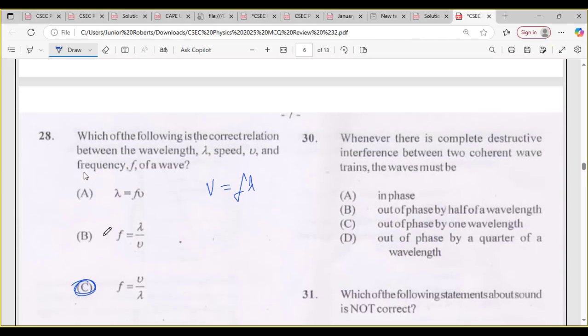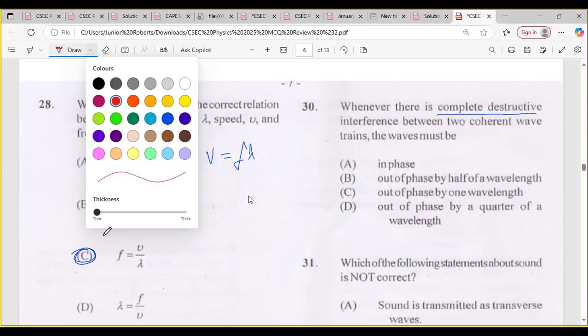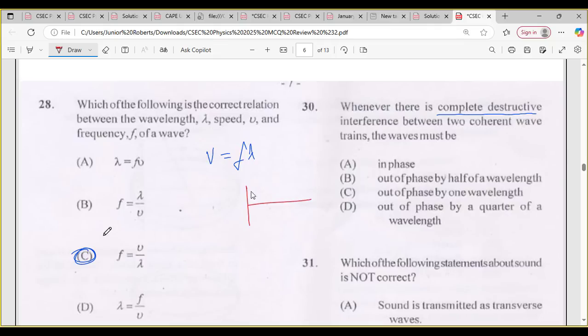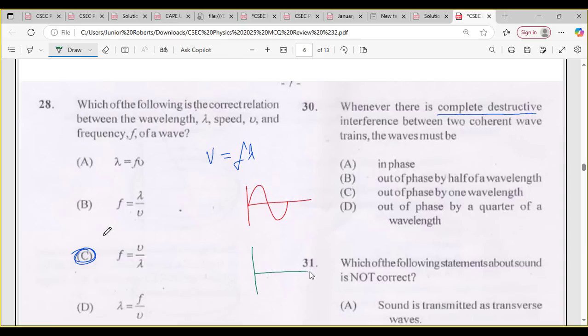Now, next question is 30. 30 says, whenever there is complete destructive interference between two coherent wave trains, the waves must be. So if we have complete destructive interference, it may look something like this. Let's say we have one wave like that, and let's say we have our other wave looking like this.